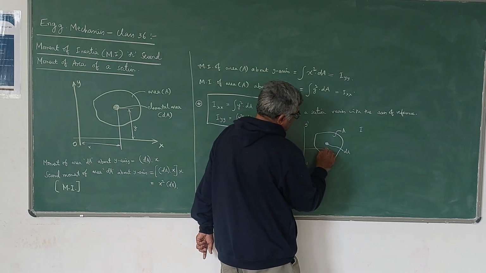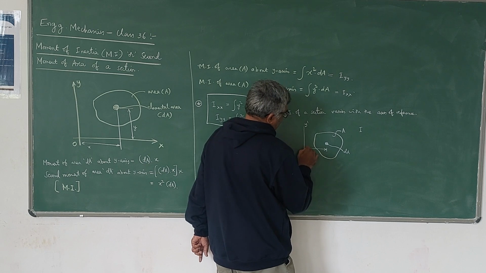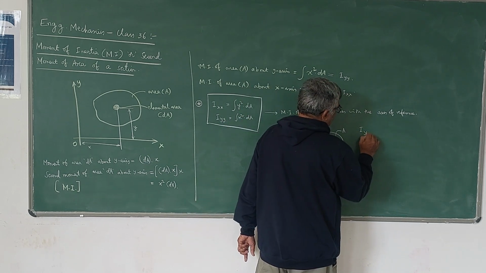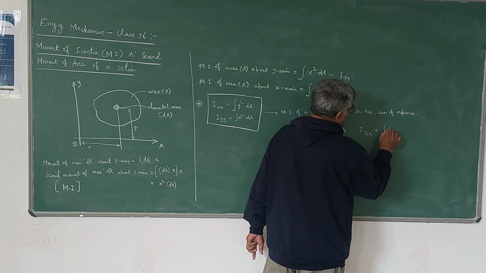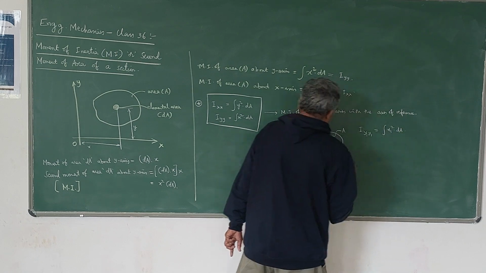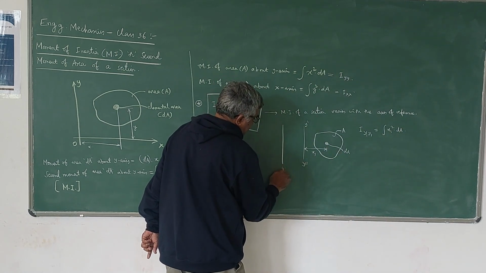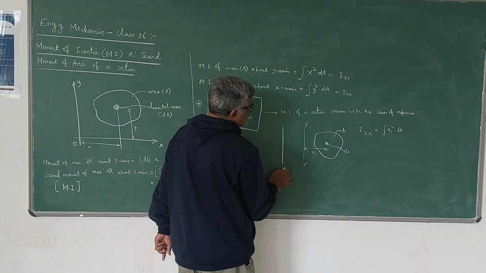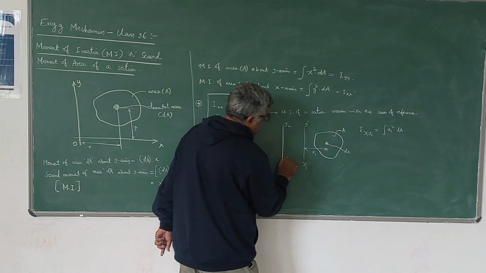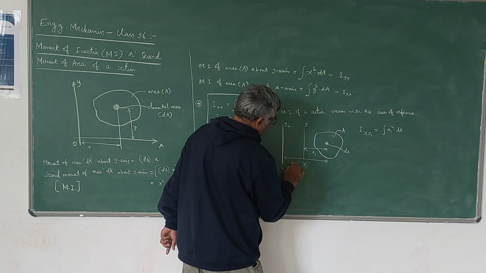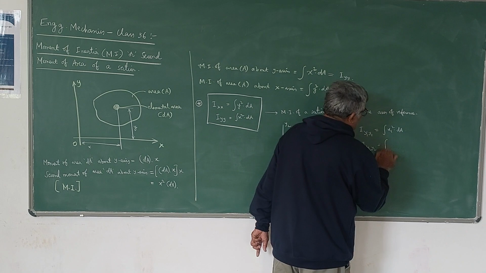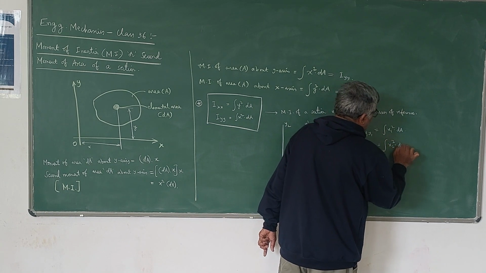If I take this distance as x1, then Iy1 will be equal to integral x1 square dA. If I take some other axis, the y2 axis, and take the distance as x2, then Iy2 will be integral x2 square dA.